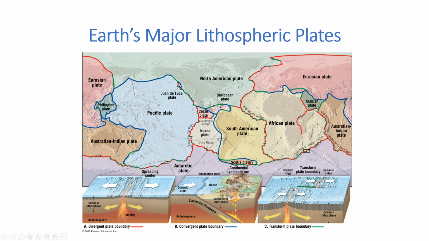Along those ocean ridges that we discovered when we mapped the ocean floor, we see those are in red. Those are divergent plate boundaries. Divergent means to move apart. And finally, in green, in areas where the lithospheric plates are sliding against each other, but not towards or away from each other, we have transform plate boundaries.